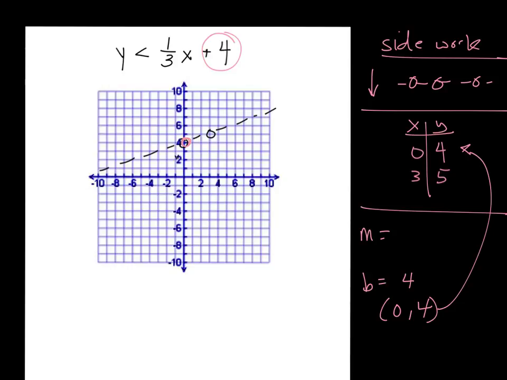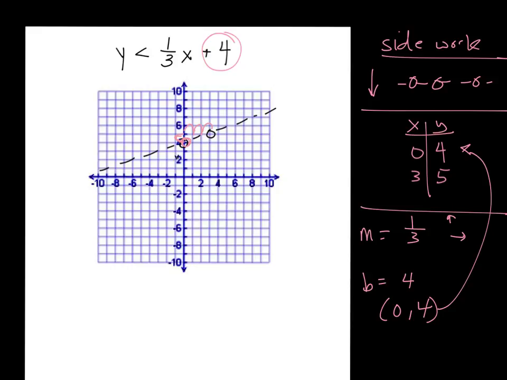The next thing that people may like to do is the rise over run, which is 1 over 3. That means from the point 0, 4, I move up 1 coordinate and over 3. I go up 1 coordinate, then I go over 1, 2, 3, and there you notice I'm back at that point.